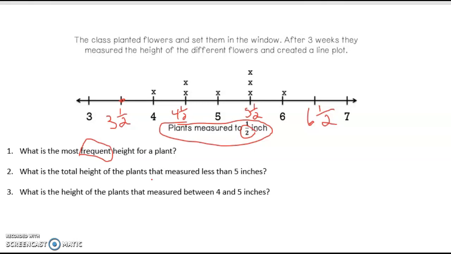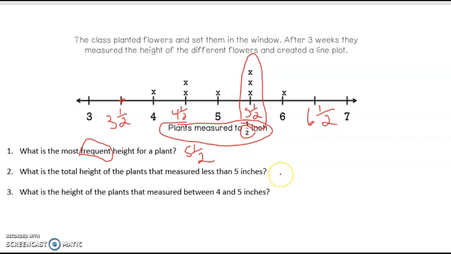We should be looking at where the most x's are, because what does each x stand for? Each x stands for one plant that measured that height. So we're looking for where the most x's are. They're here at 5.5. So the most frequent height for a plant is 5.5.